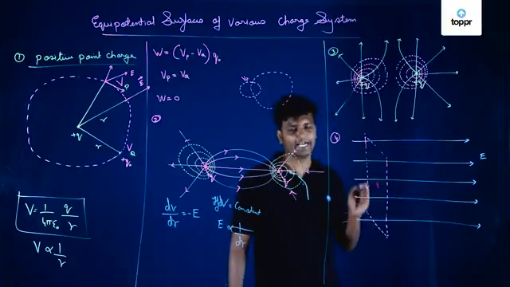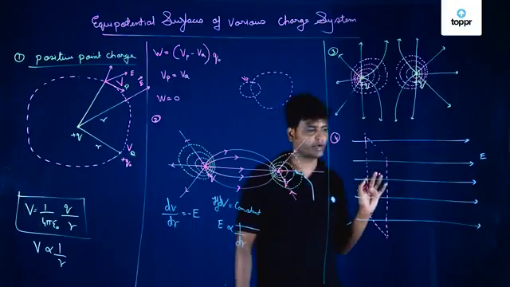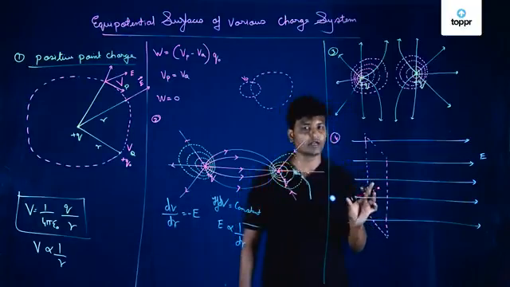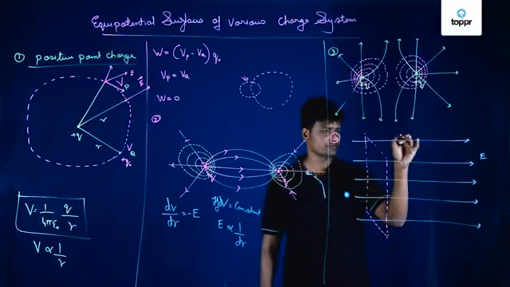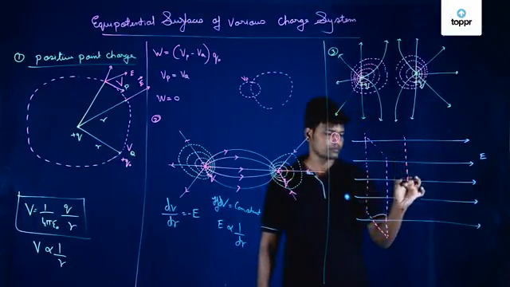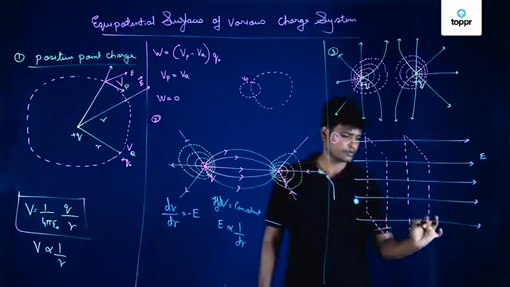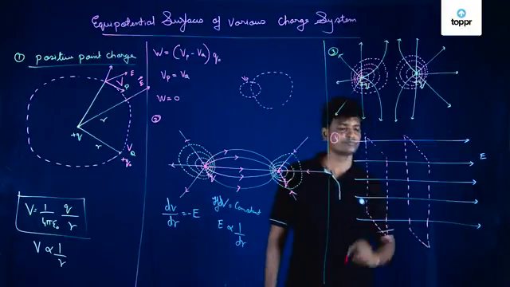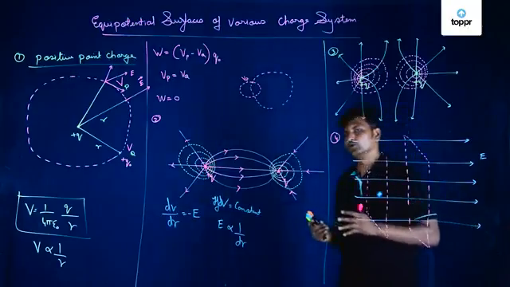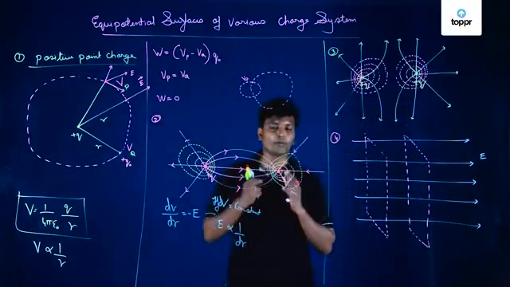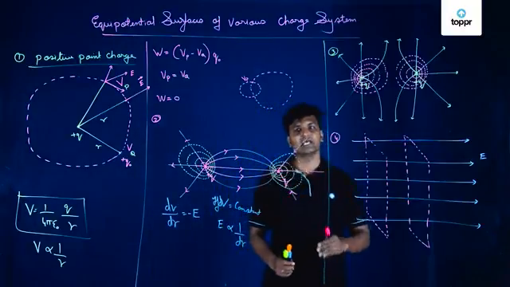Along this surface, at any point, the electric potential will be the same, because we are not changing dr. That is why the potential remains constant. So this is the surface at this particular point.